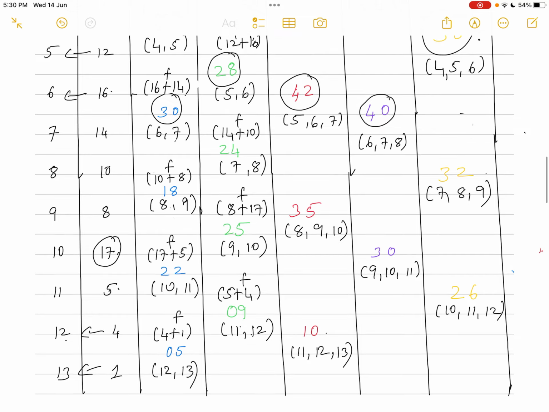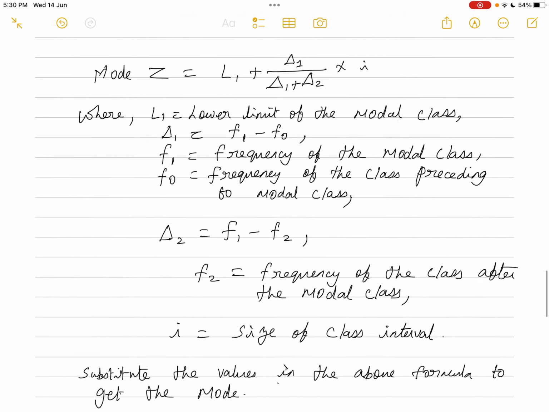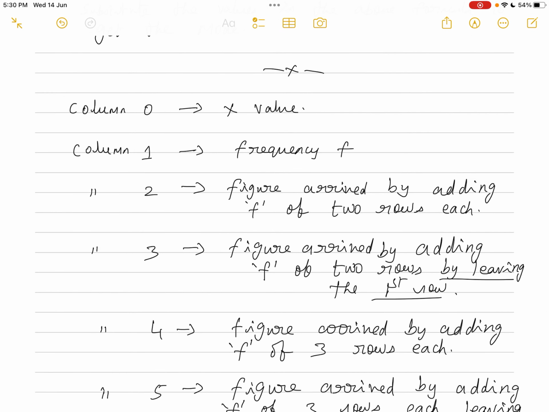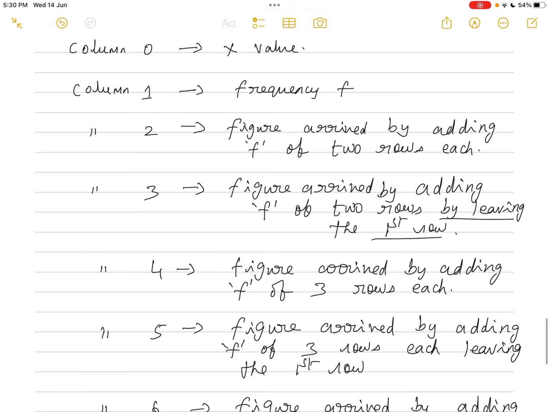If you remember how to calculate this, column 0 is the x value, column 1 is the frequency, which will already be given in the question. From column 2 to column 6, just remember how we calculate them, and calculate accordingly.